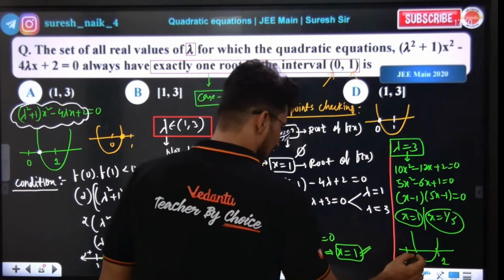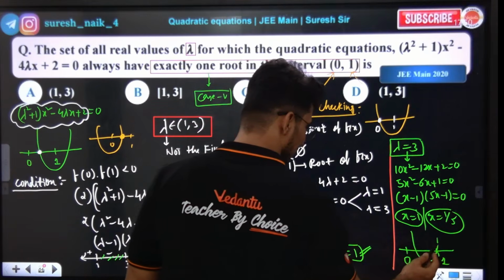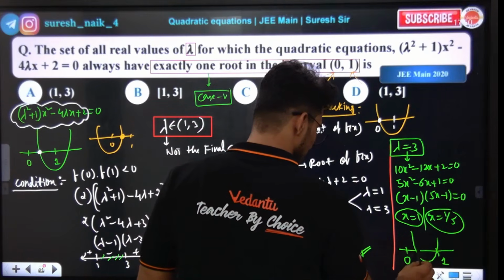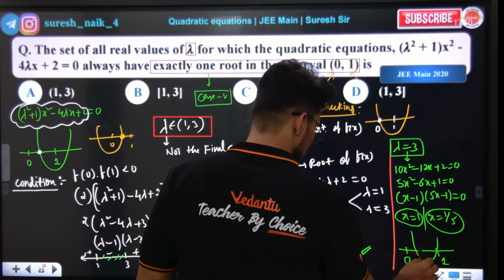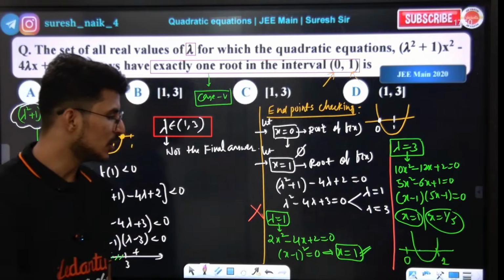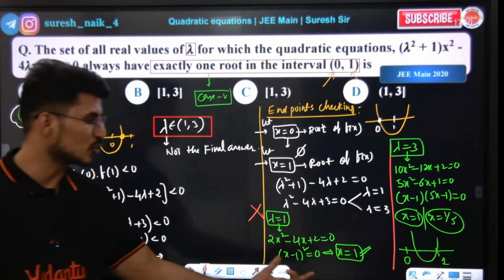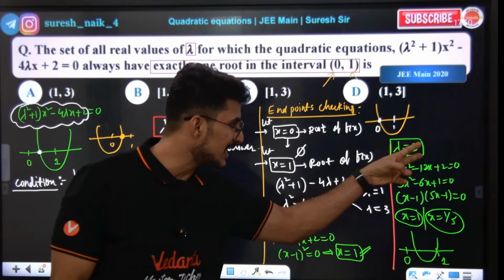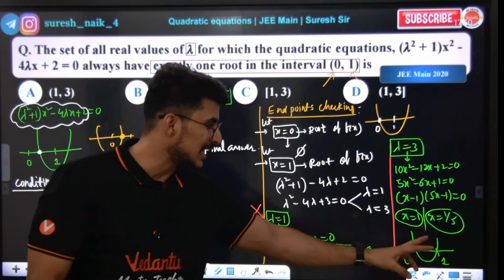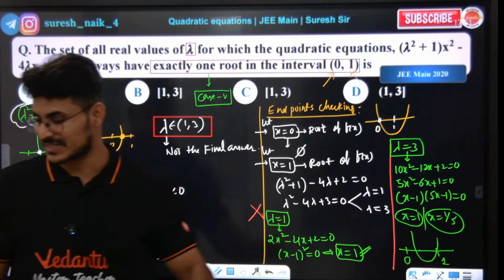Exactly one value will be lying between these two, that is this 1 by 5. So between 0 and 1, 1 by 5 will definitely come. So only if we take lambda is equal to 3 is the exactly condition satisfied, otherwise the condition is not satisfied.